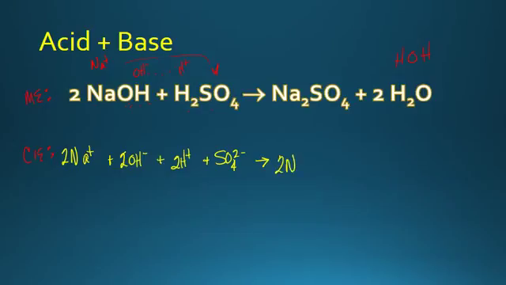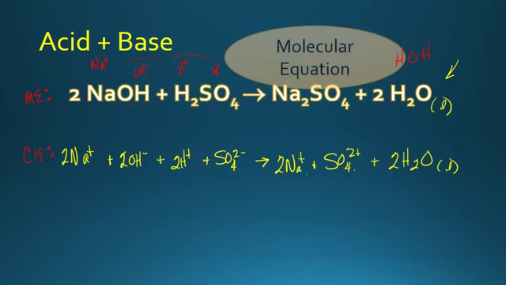So we have 2 sodium ions and 1 sulfate ion. But water is a liquid. This is our product, folks. This is what we made. This is what did the chemistry. So we're going to leave that one alone as H2O, liquid. And yes, you could write aq next to all of those if you'd like. If you don't, it's fine, but make sure you write the liquid next to the water.